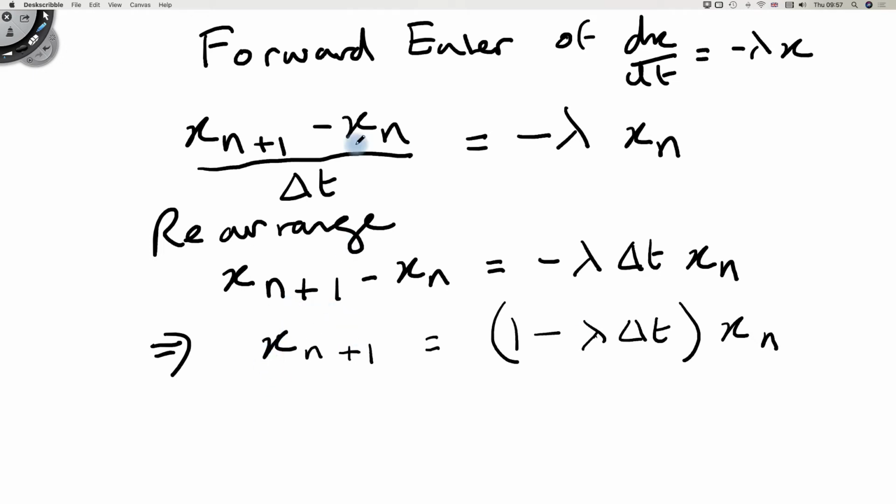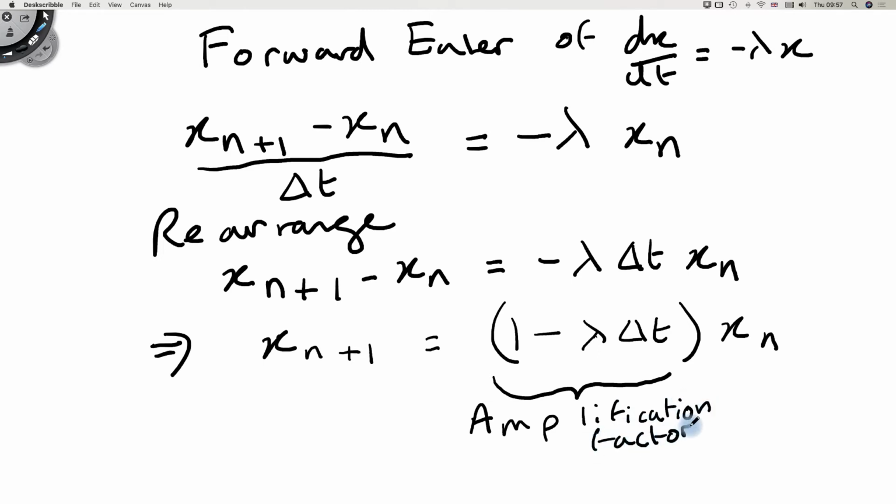So this is the easiest one to rearrange and manipulate, but we get some very important principles here. We've got the new time step in terms of the old time step, but we've got this multiplying factor here that takes us from the previous time step to the new time step, and this is called the amplification factor, called A. So A in this case is simply 1 minus lambda delta t.